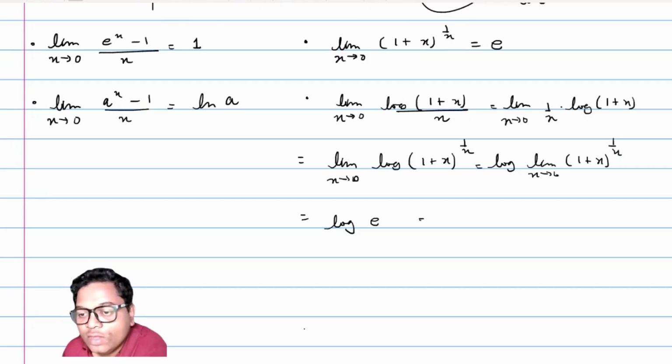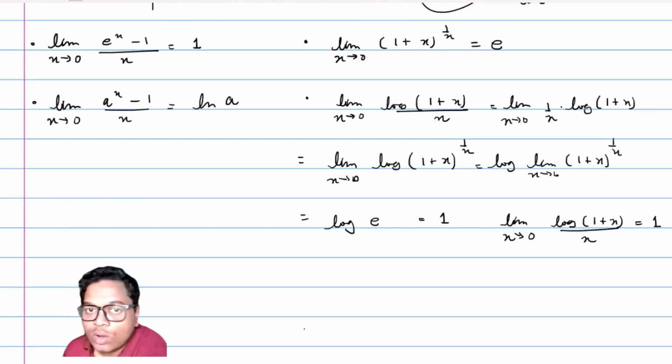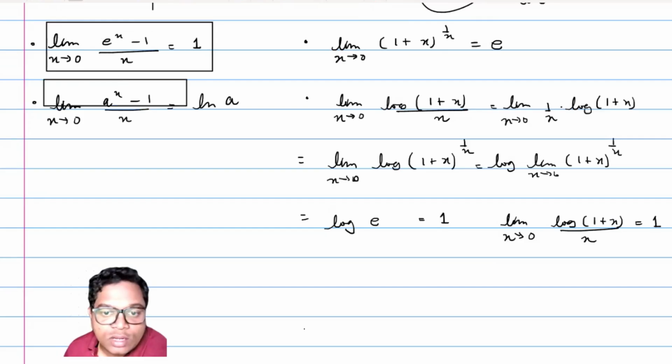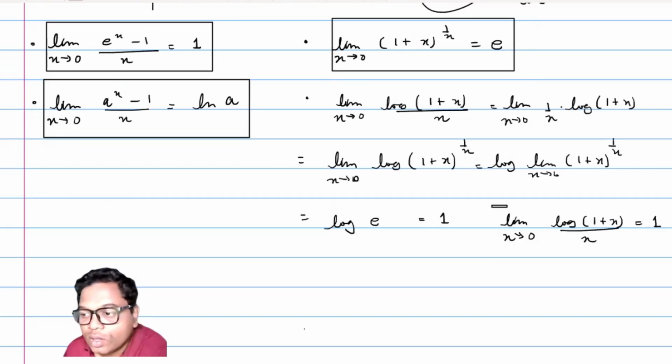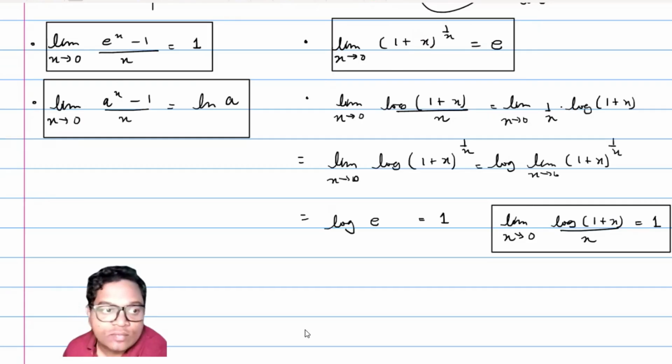So you get log of e. So the answer is 1. So what is the property? Limit x tends to 0, log (1 plus x) upon x gives you 1. So we have this property over here. We know this. And now we have this as well.